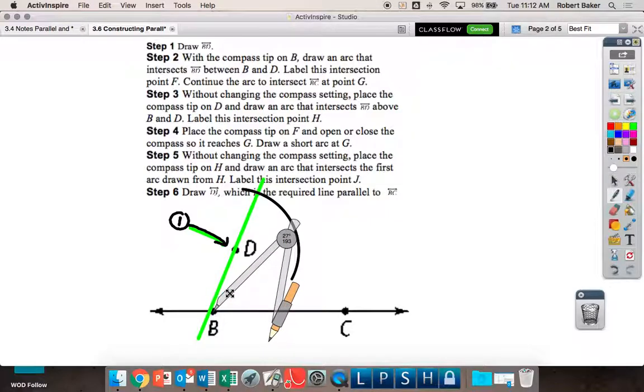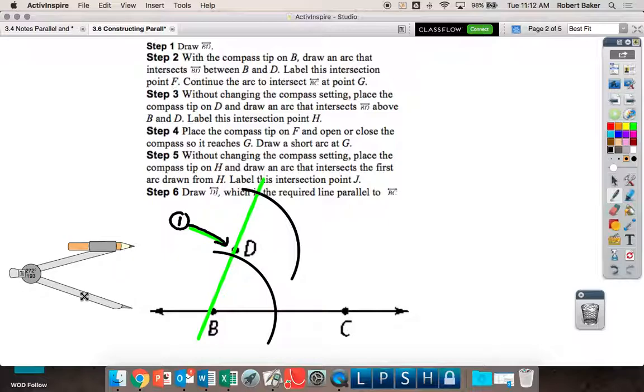Go to B and draw the same arc. So you're doing double arcs, one at D, one at B, and they must be the same arc.